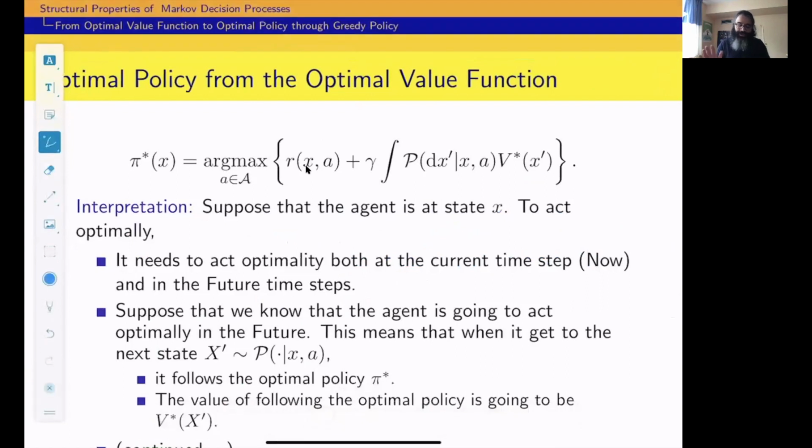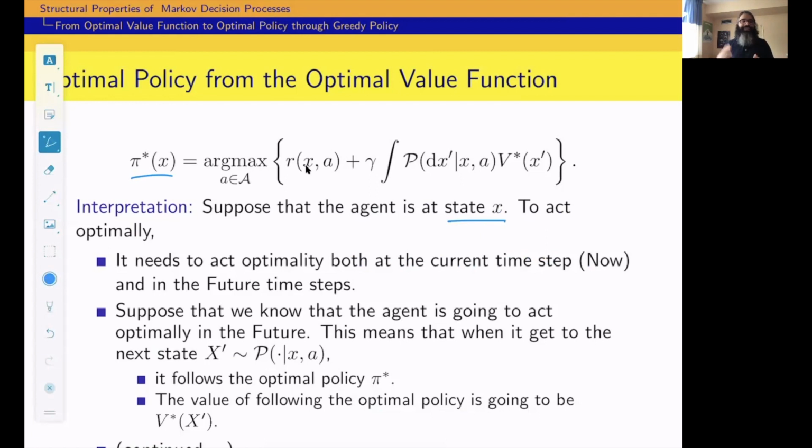So this is an interpretation of what is happening based on this equation, how we choose the optimal policy. Suppose that the agent is at state X. To act optimally, the agent needs to act optimally both at the current time step and also in the future. If it's not acting optimally in the future, the agent could act optimally in the future and we get more reward.